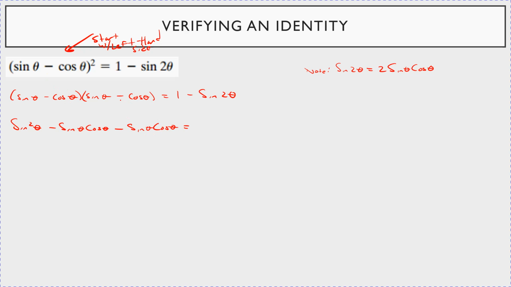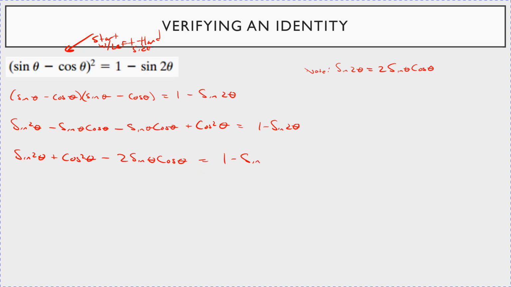And minus cosine of theta times minus cosine of theta gets me plus cosine squared of theta. Well, look, check this out. Let me move this cosine over to the other side. So sine squared of theta plus cosine squared of theta. And then look, I have 2 of these. So minus 2 times sine of theta cosine of theta.